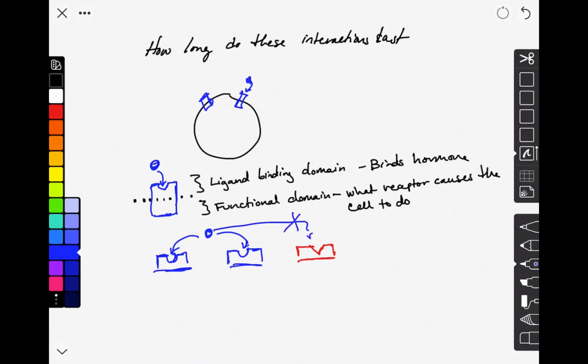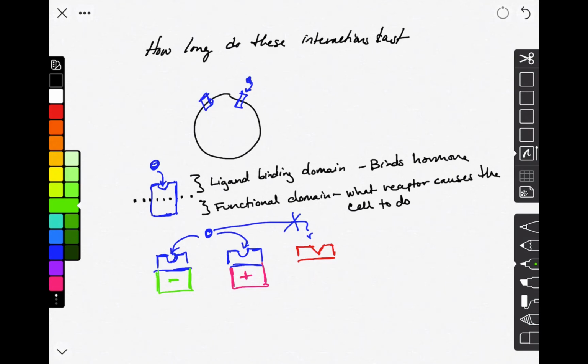Can't do that. But if the functional domains are different, then that means that the hormone can have different functions. So this one may turn something on, this one may turn something off.